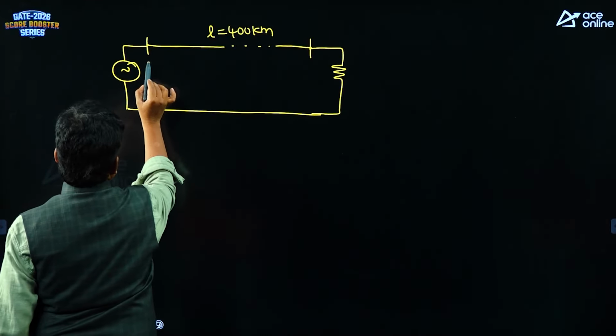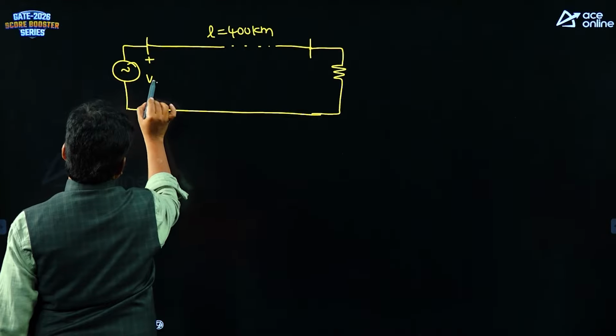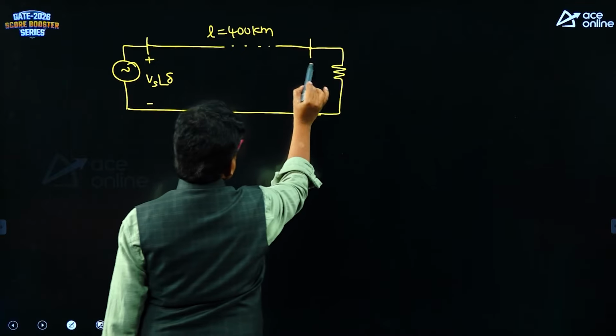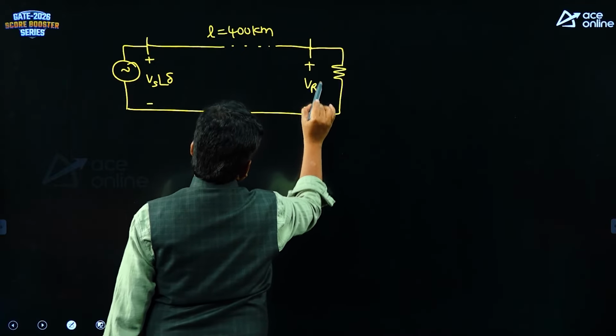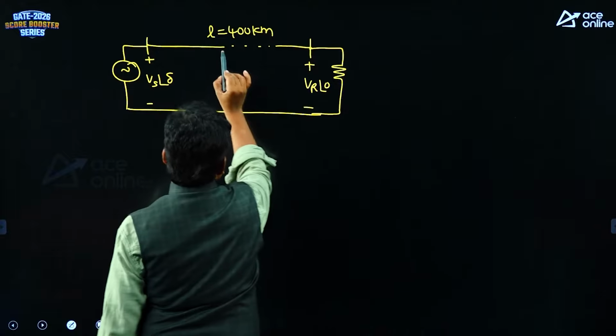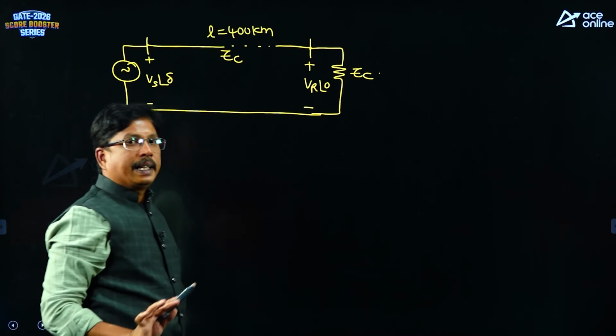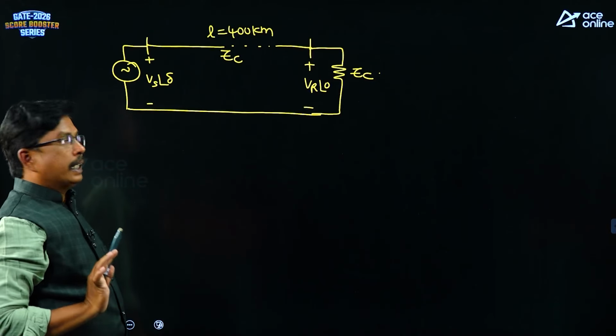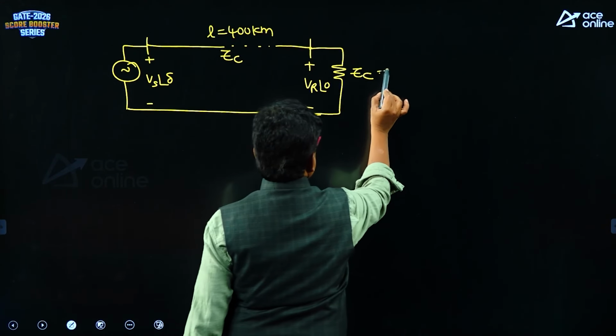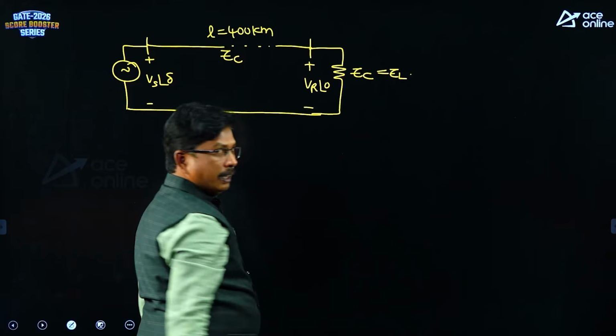Here the source voltage is Vs at an angle of delta. Here the load voltage is Vr at an angle of 0. The line impedance is Zc. Line is loaded with surge impedance loading. Zl is equivalent to Zc.